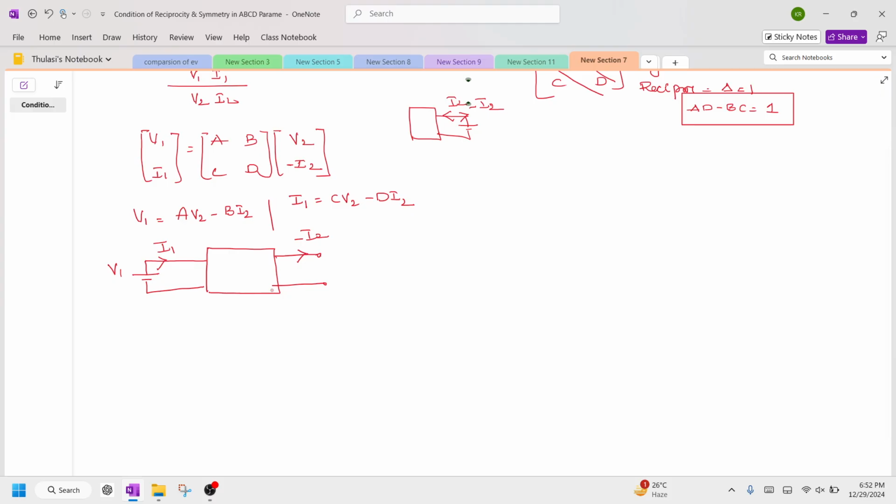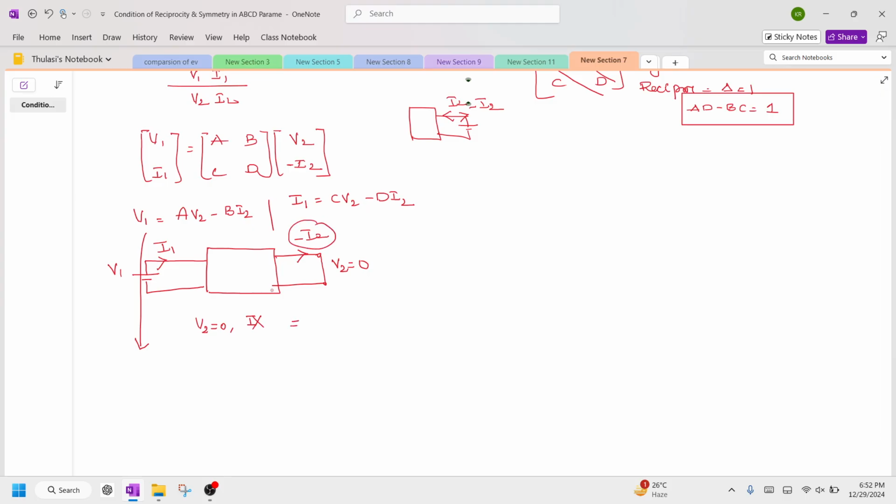For the current to flow, we have to set V2 equal to 0. So in this derivation we substitute that the output port is short circuited, and the current polarity need not be written because it is already interchanged here. Substituting into these two equations, what we need to find is the response to the excitation.